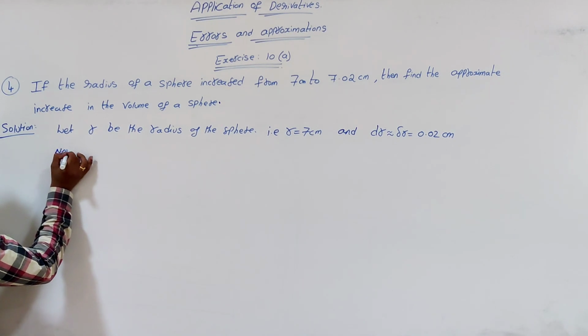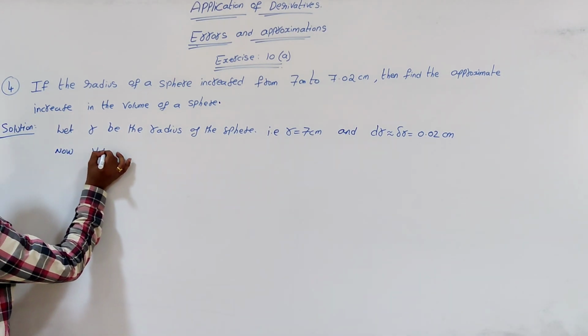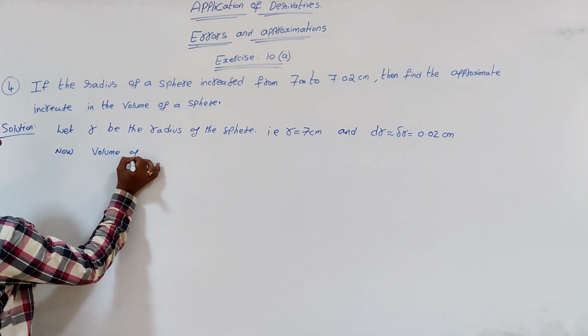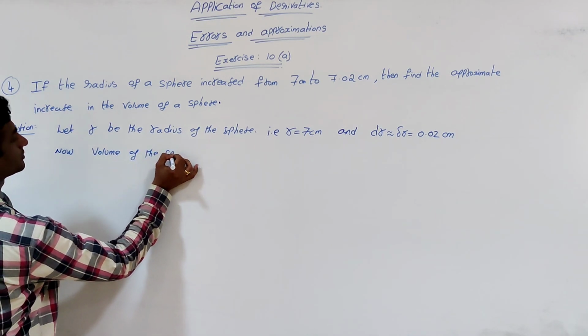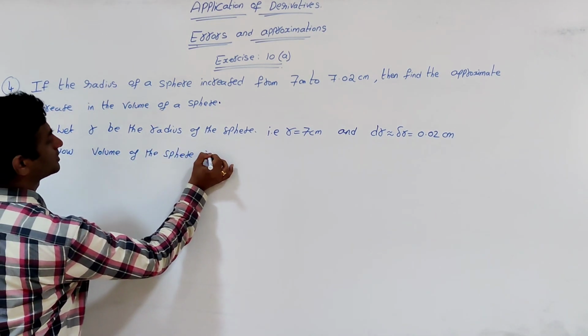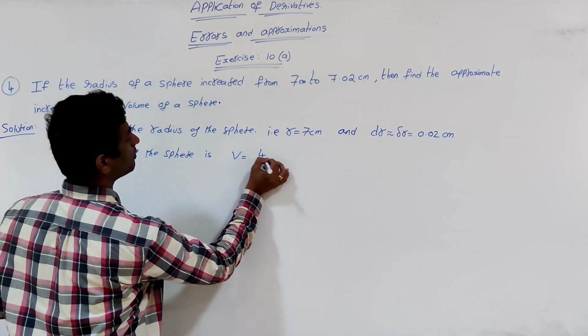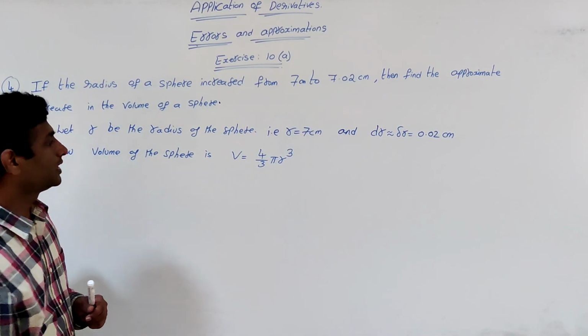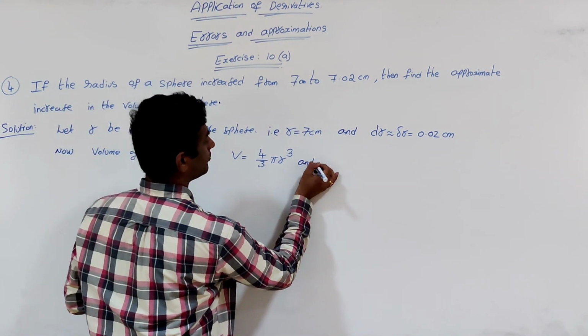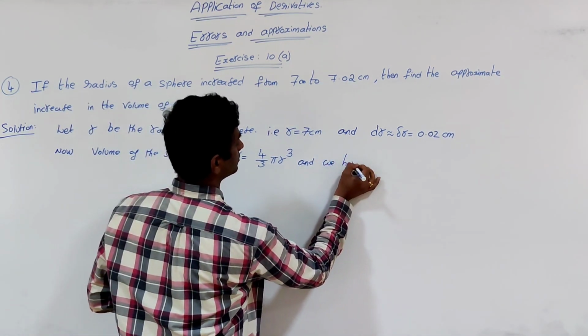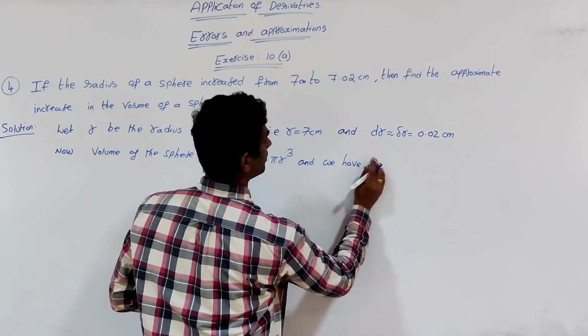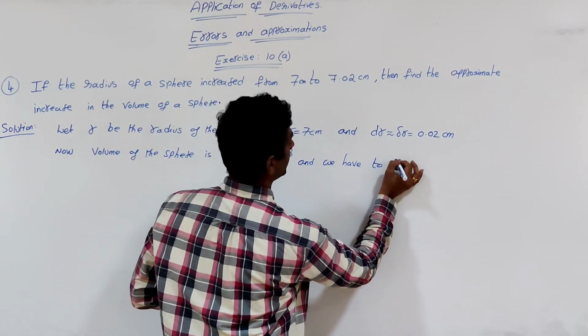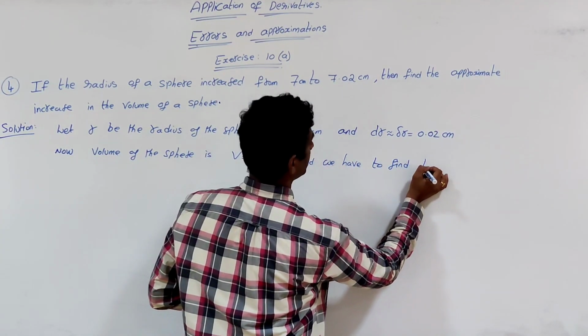Now, volume of the sphere. Volume of the sphere is V is equal to 4 by 3 pi r cube, and we have to find what is dV.